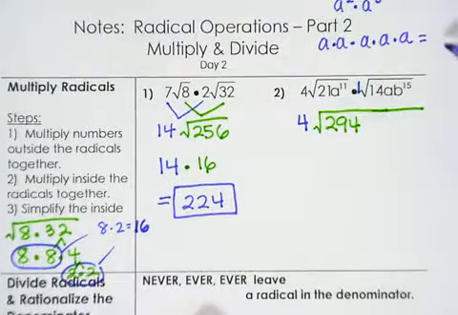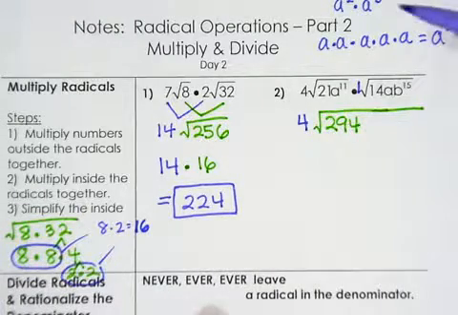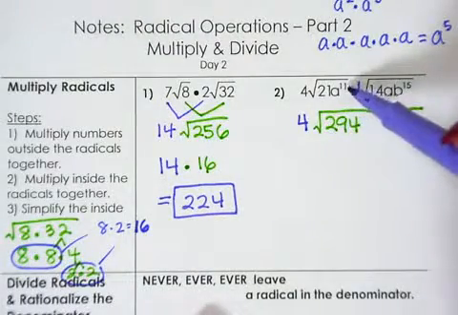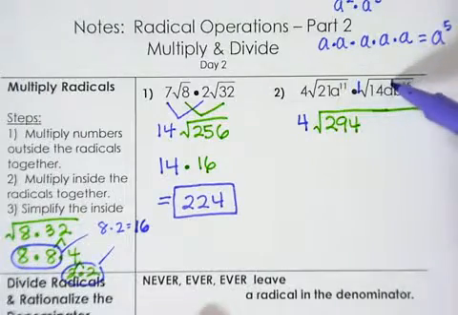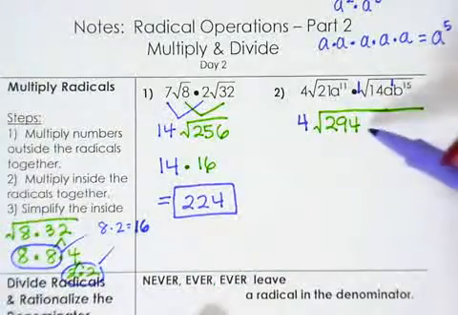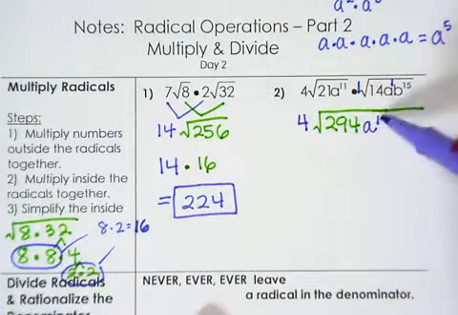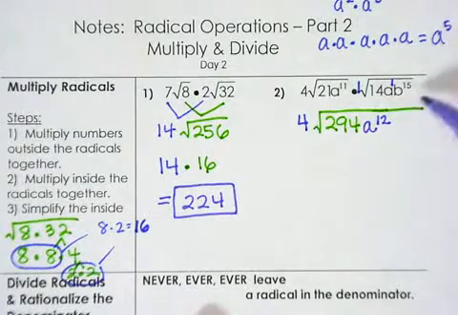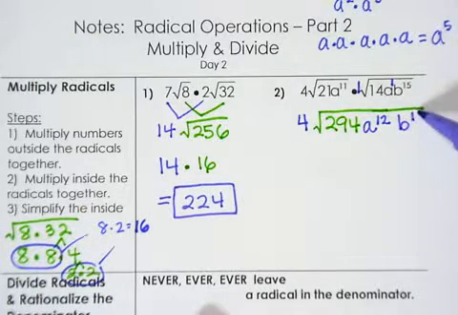Well, there's 5 of them, so a to the 5th. So what you are recognizing is if I'm multiplying these bases together, I'm really adding those exponents. So when I look at this, a to the 11th power, and I'm multiplying another a, which is a to the 1st power, I'm really adding those exponents, so it becomes a to the 12th power. And then the b stays as b to the 15.